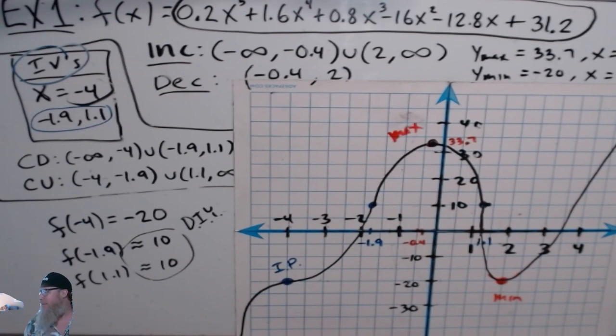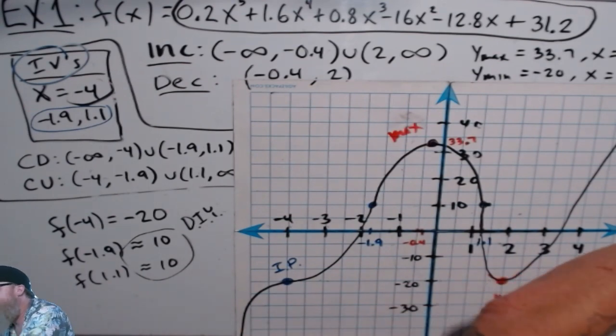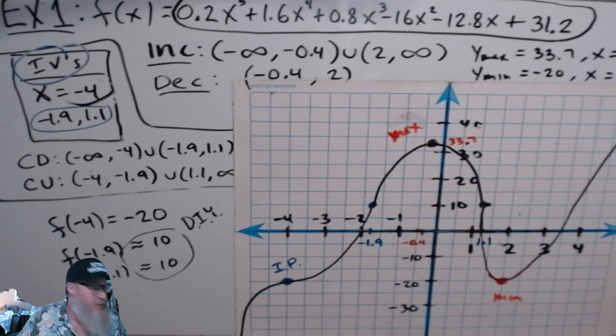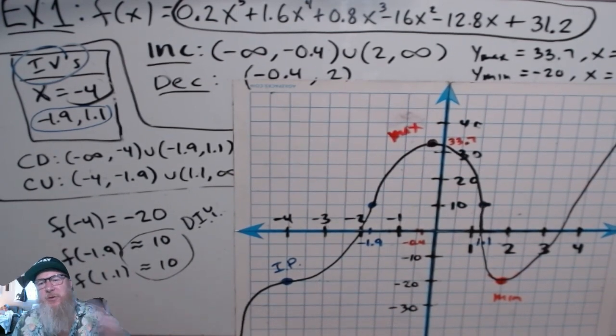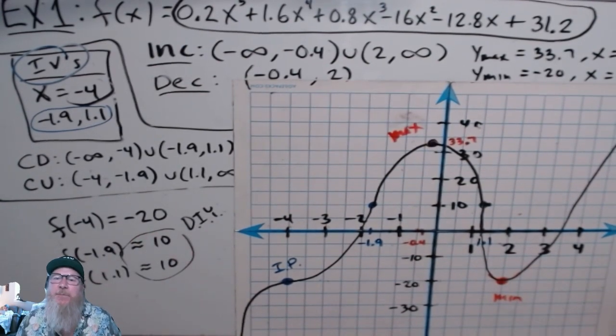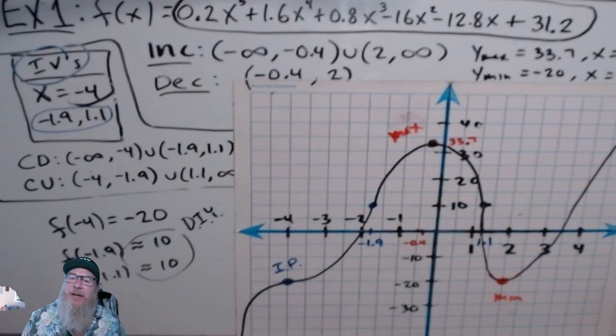And so I hope that was informative. It's a very long process. So if something like this were to occur on a test, there's two things that I would do. I wouldn't put this particular problem on a test, but I could put something in this family of functions.